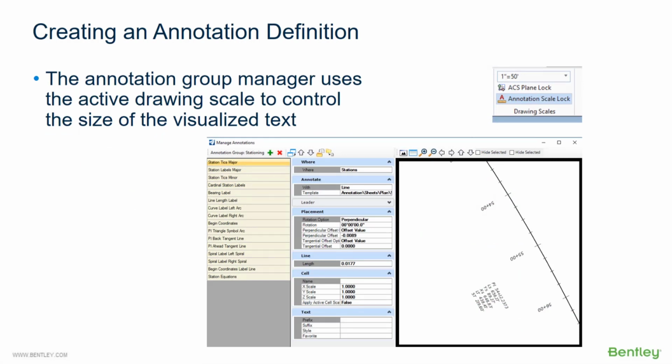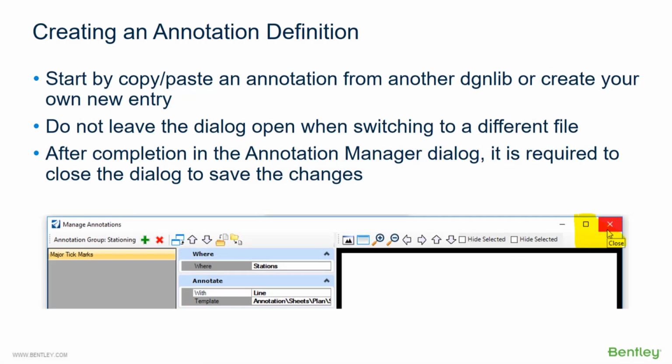The annotation group manager uses the active drawing scale to control the size of the visualized text. And to get started, you want to start by copying and pasting an annotation from another DGN lib or create your own new entry. Do not leave this annotation manager dialog open when switching to a different file. After completion inside the annotation manager dialog, it is required to close the dialog to save your changes.